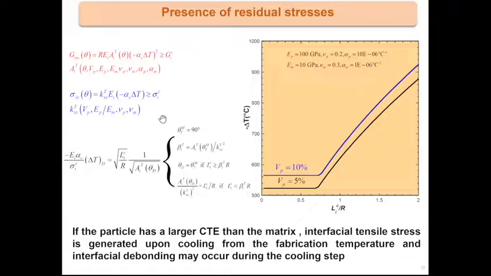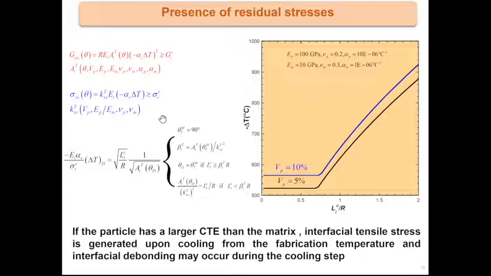You solve the problem exactly the same way, and you get the same kind of results. Here I plot the change of temperature responsible for debonding versus the ratio of the interfacial length over the radius of the particle. And you still obtain a size effect, here dominated by the stress condition, and here dominated by the energy condition.